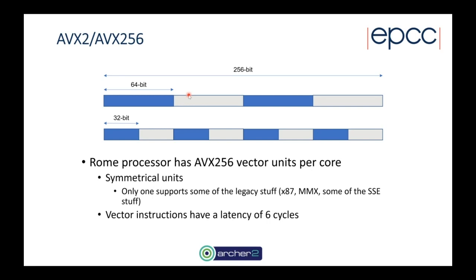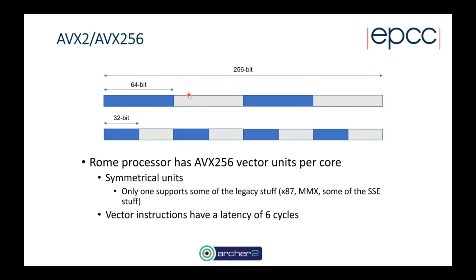That means that if you bring along a code which has got some intrinsics or some hard-coded vector instructions for some of the older instruction sets, SSE, MMX, x87, then you won't be able to use both the vector units. You'll only be able to use one of them. Again, this is part of the reason that we don't like suggesting you program directly in these intrinsics.